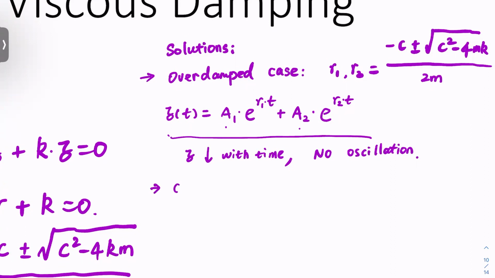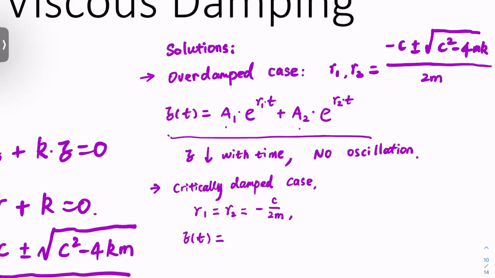Well, if you have the second scenario, case 2, critically damped, we have two same identical real solutions, and then the general solution is e to the power of c over 2m t times a1 plus a2 times t.